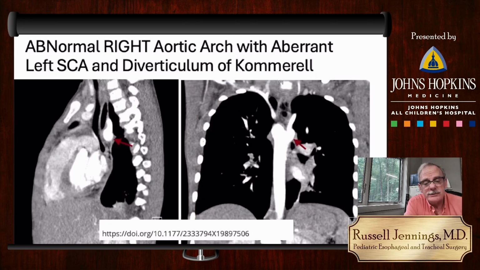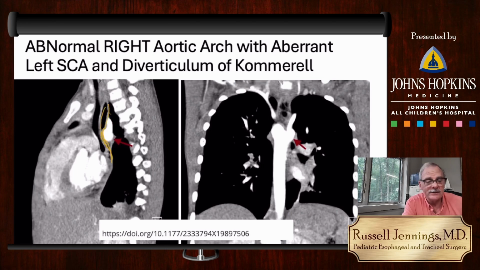What this shows is the consequences of the diverticulum. This is the diverticulum right here, and that's the aberrant left subclavian artery right there. You can see the diverticulum is bigger. You can also see that the esophagus, which is right here and right here, is very much compressed in this tiny, tiny space right here.